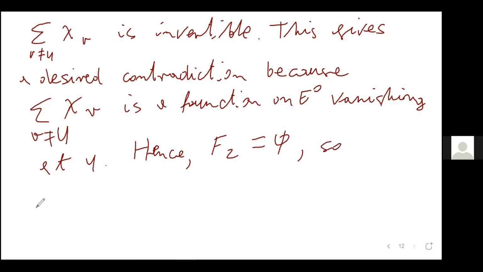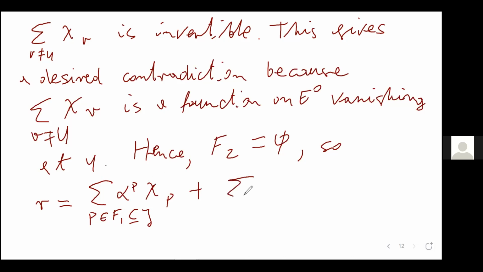So now I can write my R as the sum over P in F1, which is a subset of J, of chi P alpha P chi P. Then I skip this part with vertices because F2 is empty. Remember the convention that summing over the empty set means writing 0. And I have only the other sum, which is as before.